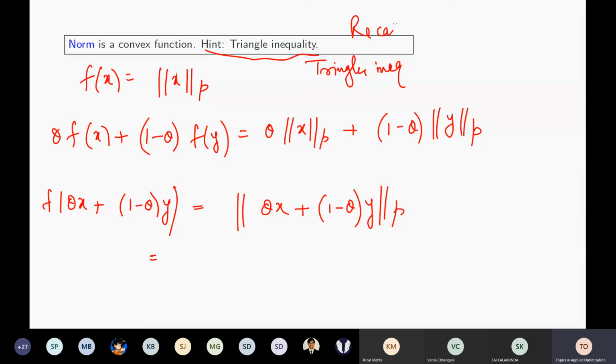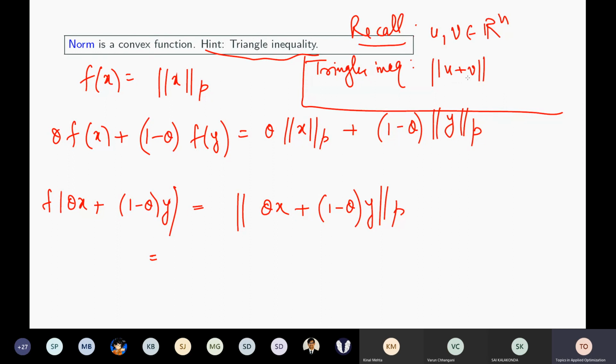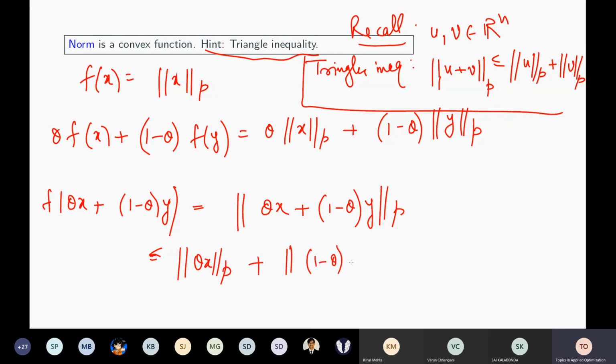So you recall the triangle inequality. It says that for u, v in R^n, the norm of u plus v is less than or equal to the norm of u plus the norm of v. So we apply the triangle inequality here, and this becomes less than or equal to the norm of theta x plus the norm of 1 minus theta y. Now for a norm, we know that scalars can come out.